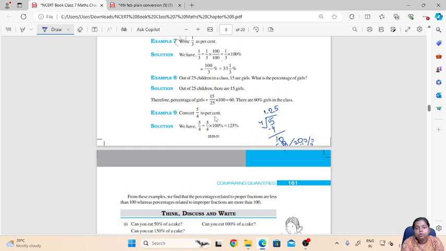Okay, so we will get 1.25. When it is in the form of decimal, when you multiply this 1.25 by 100, you will get 125, so 125%.